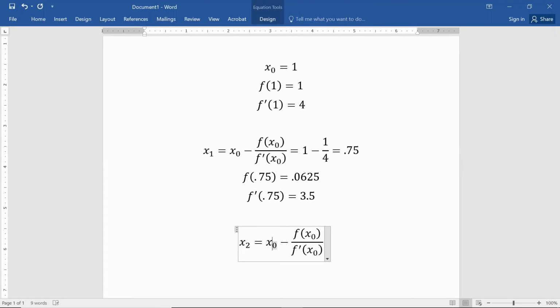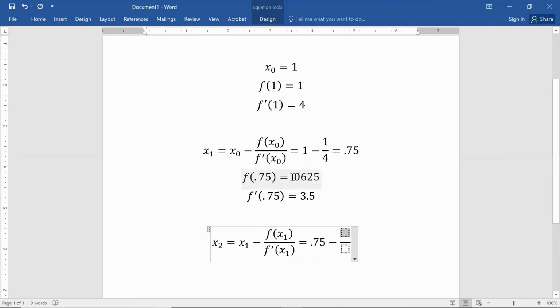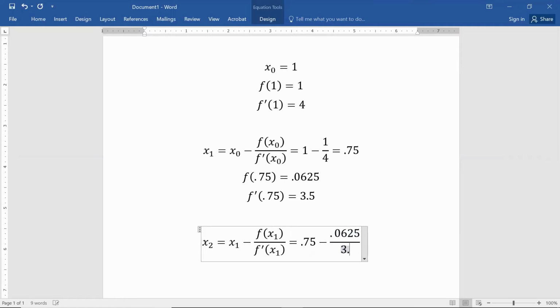Let's do our x sub 2. That's just the first guess, or excuse me, that x1, 0.75 minus 0.0625 divided by 3.5.